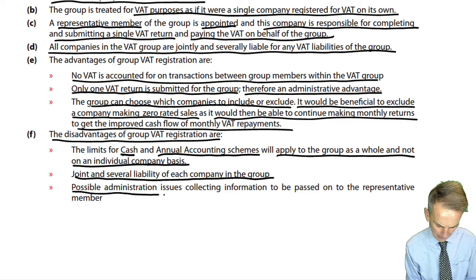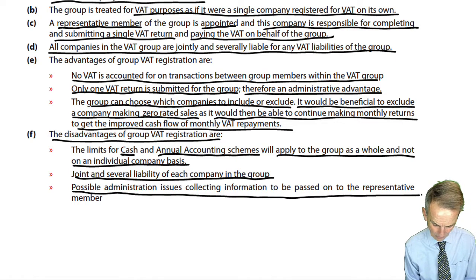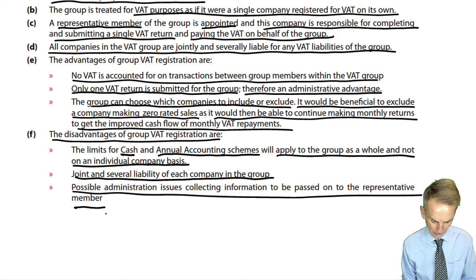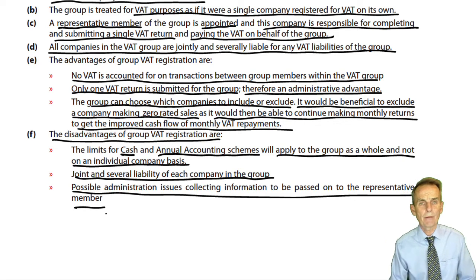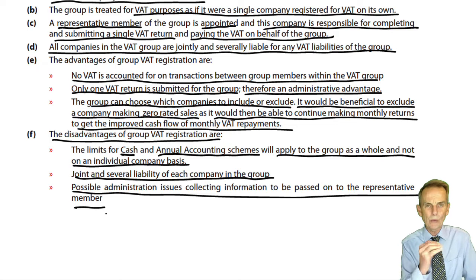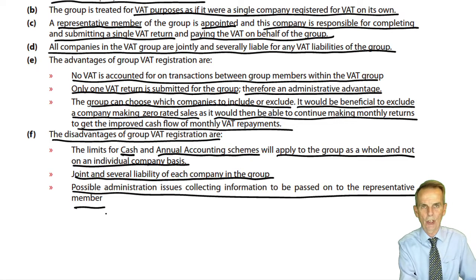So possible admin issues collecting the information that is then to be passed on to the representative member. So there we go, an option available when dealing with, usually within a group as we would know it, where at the apex, the holding entity who owns the shares in those companies is indeed a parent company there.